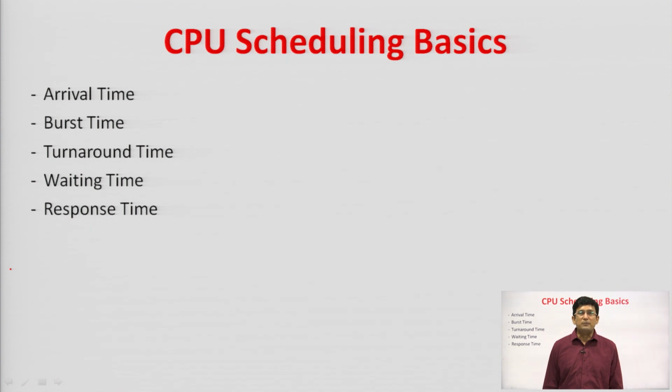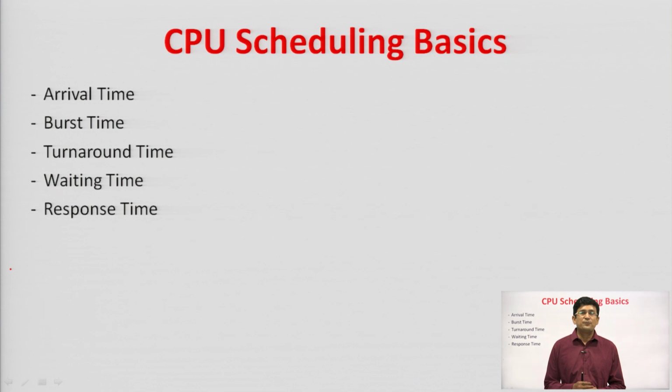Now, the turnaround time means how much time a process has spent in the system. A process is submitted at some point of time and the process terminates or finishes. The difference between the two times is the turnaround time, how much time a process has spent in the system. Waiting time means some time was allocated for the process to do the CPU execution, and the rest of the time it was waiting for execution at the CPU or doing some IO operations.